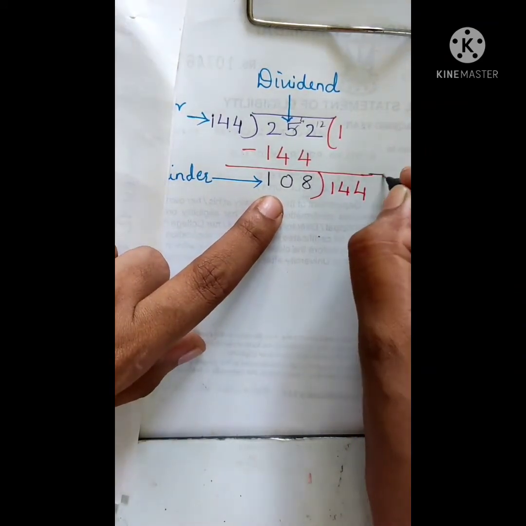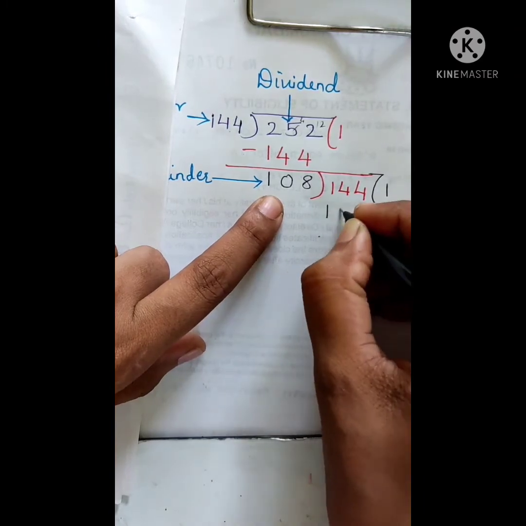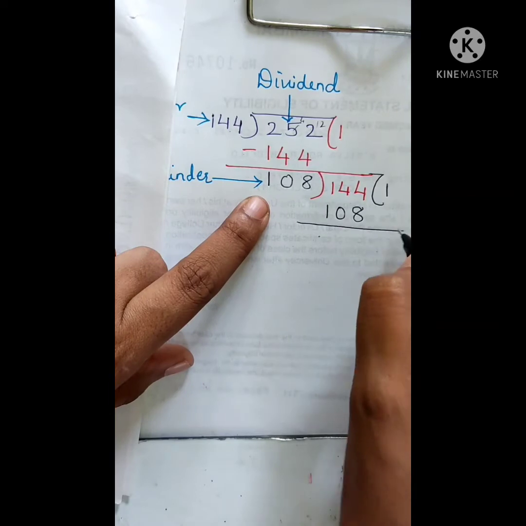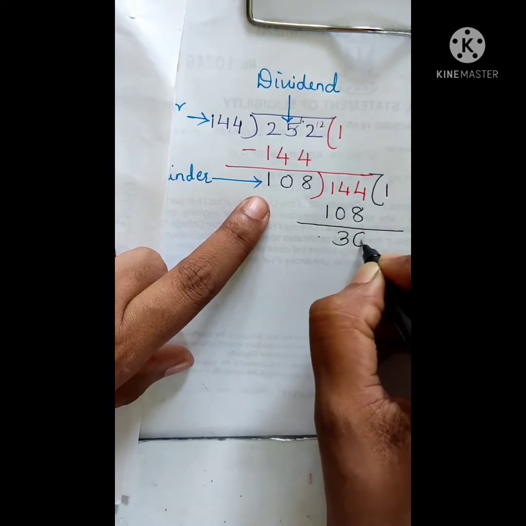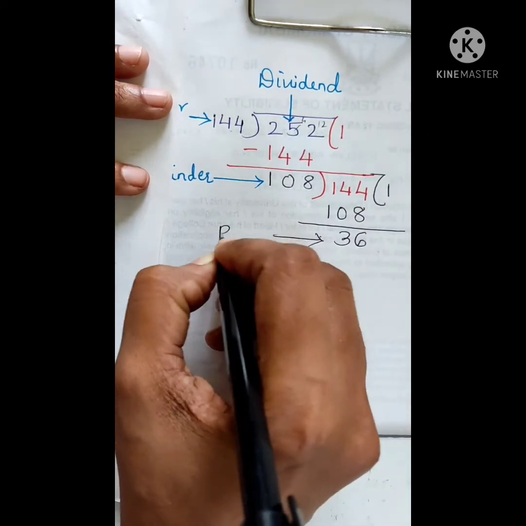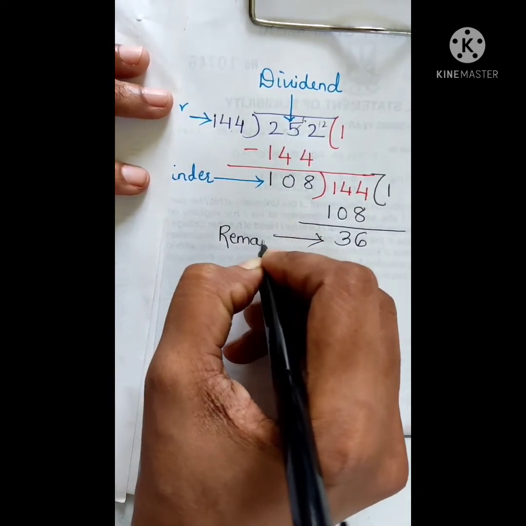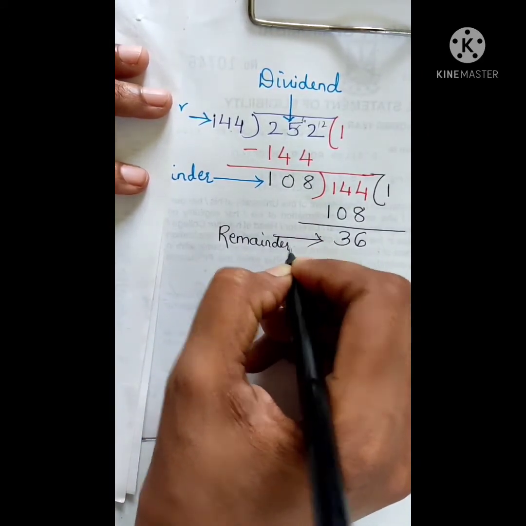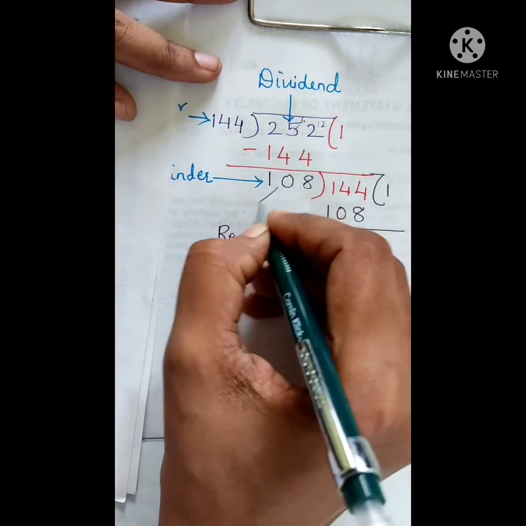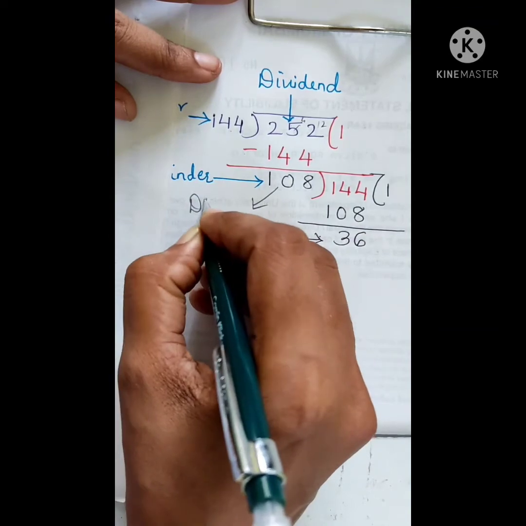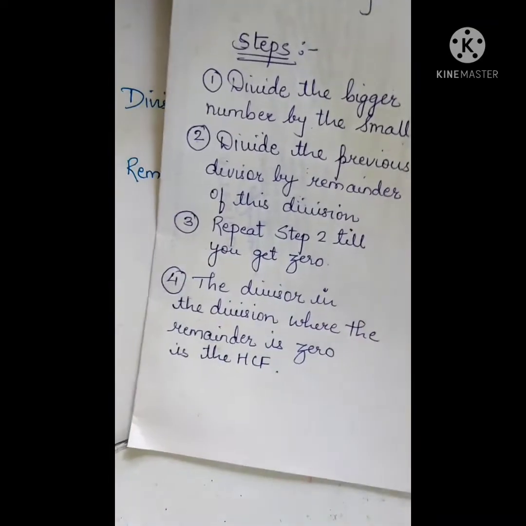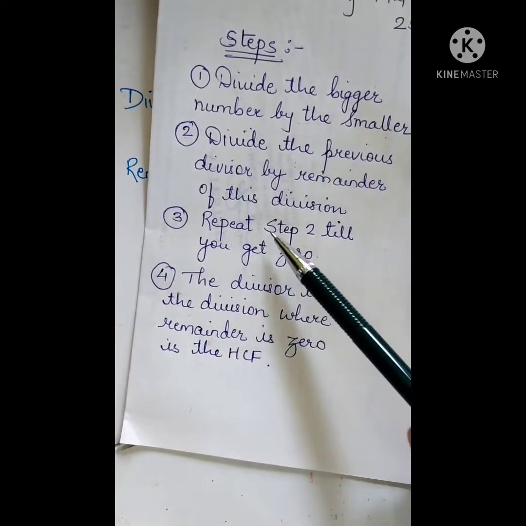So 108 ones are 108. Here you get the remainder as 36. So for the second step, 36 is your remainder.